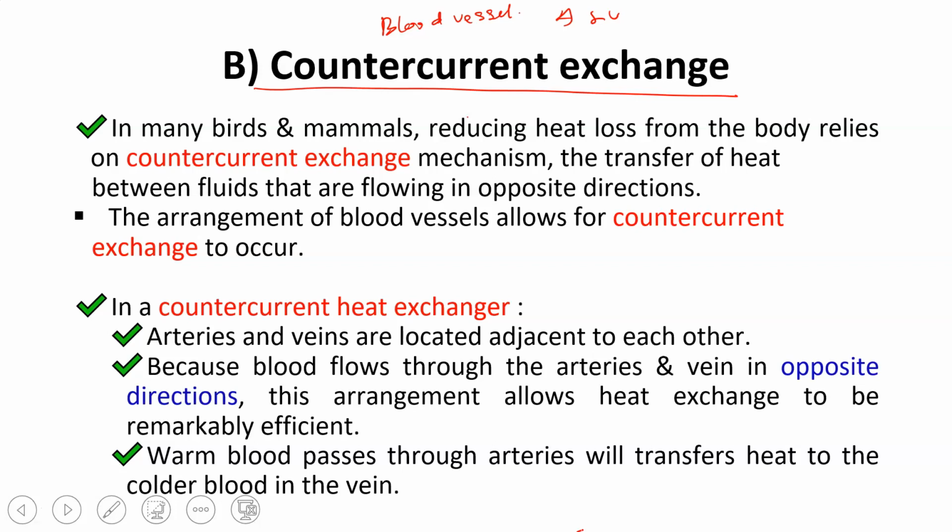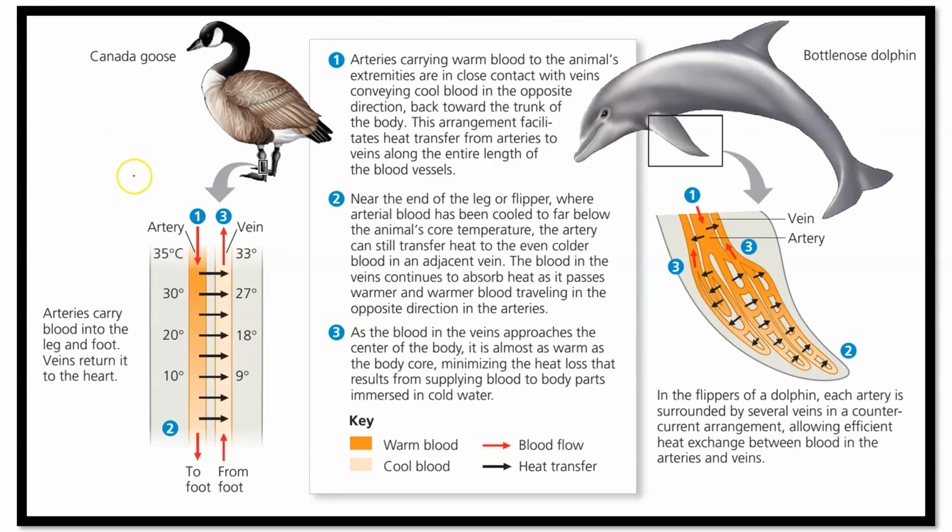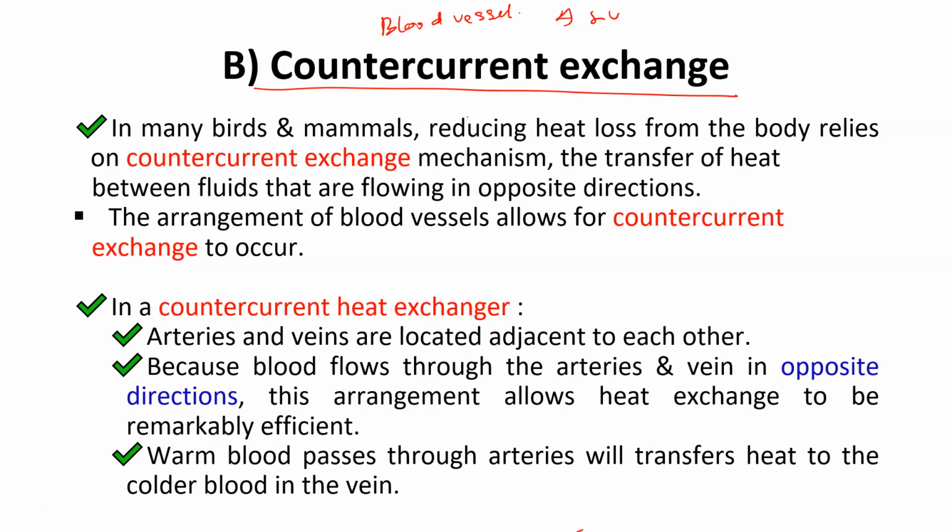So in many birds and mammals, reducing heat loss from the body relies on countercurrent exchange mechanism, the transfer of heat between fluids that are flowing in opposite direction. Fluid in this case is the blood, blood in the artery and vein that flows in the opposite direction. So the arrangement of blood vessels allows countercurrent exchange to occur.